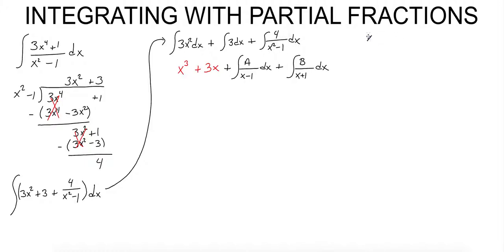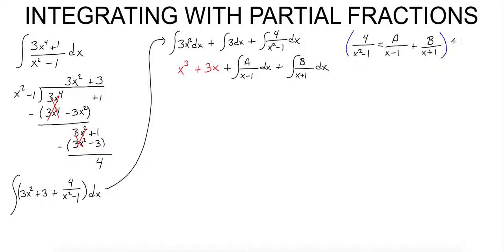We're going to say that we have 4 over x squared minus 1 is equal to a over x minus 1 plus some constant b over x plus 1. And what we're going to do is take both sides of this equation and multiply by the common factor.